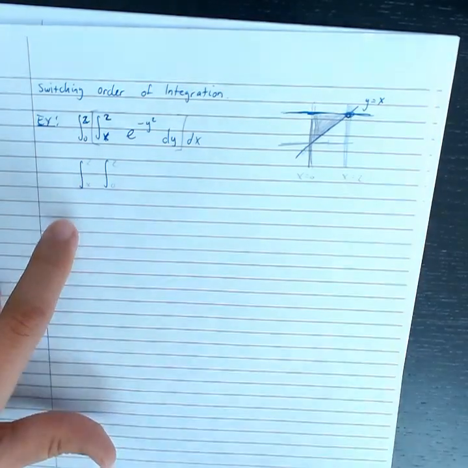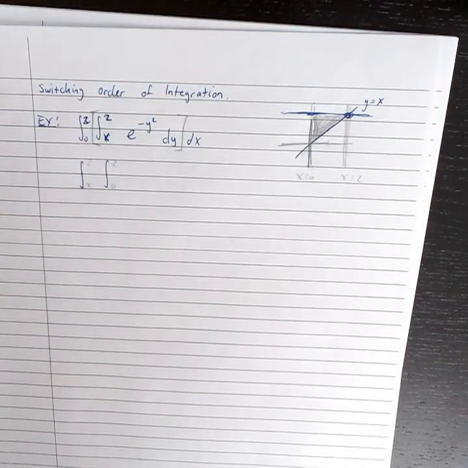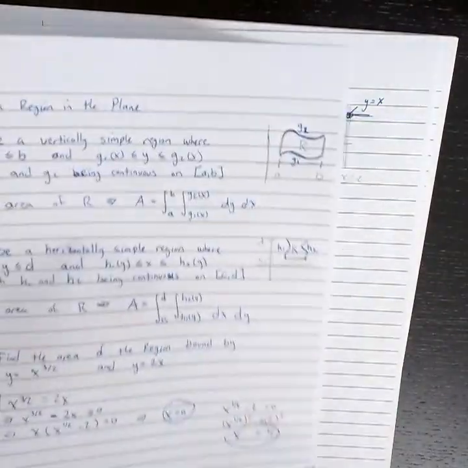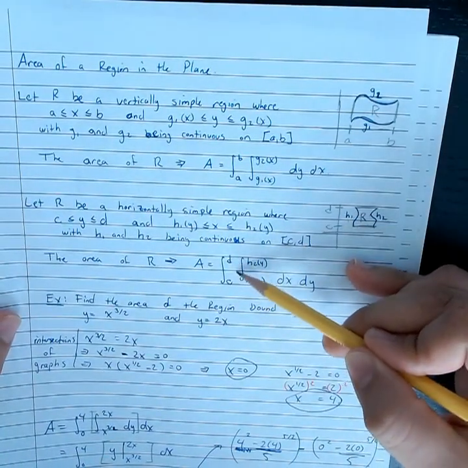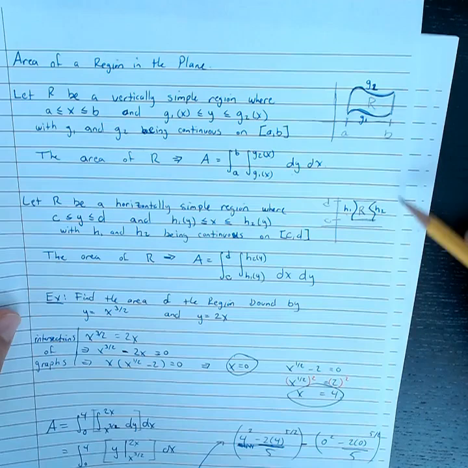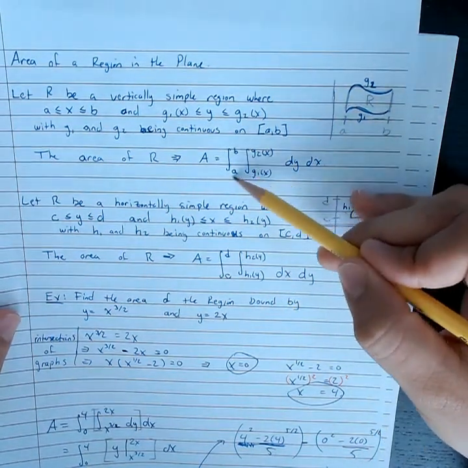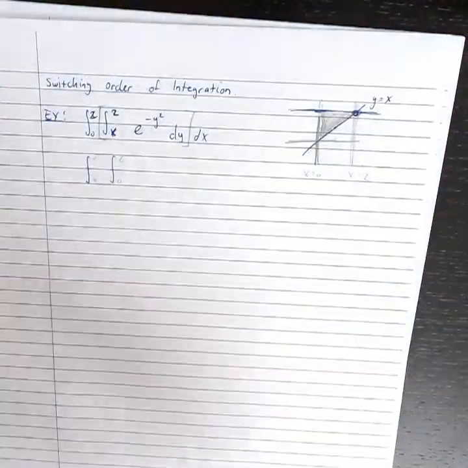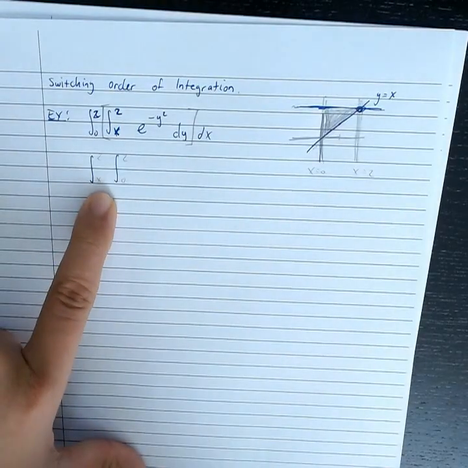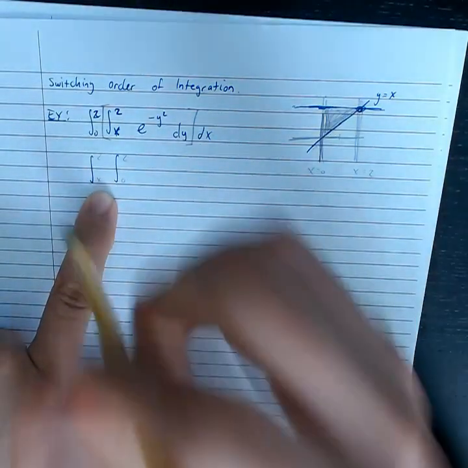And whenever you're finding these integrations, the outer bounds are supposed to be constant. No matter which orientation your region has, your expression should have constant boundaries in its outermost integral. And here that would not have a constant. So this is not valid. Okay, so what do we do?